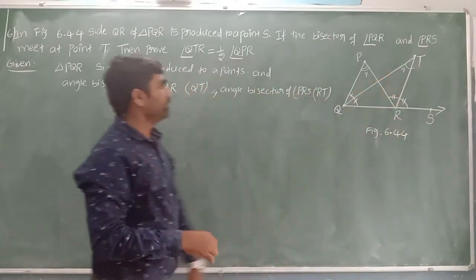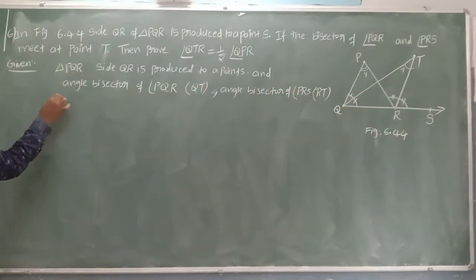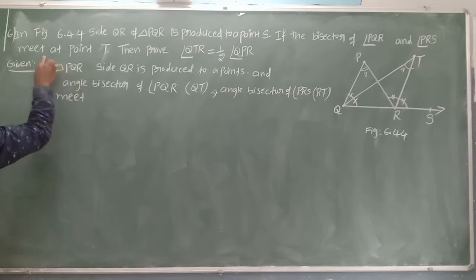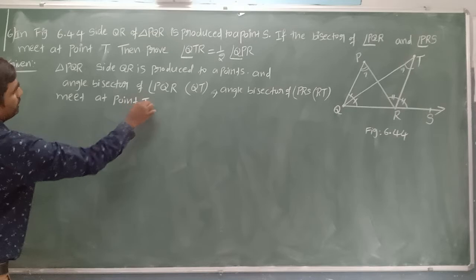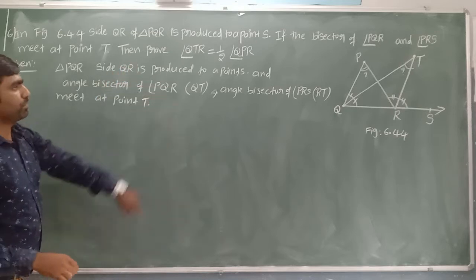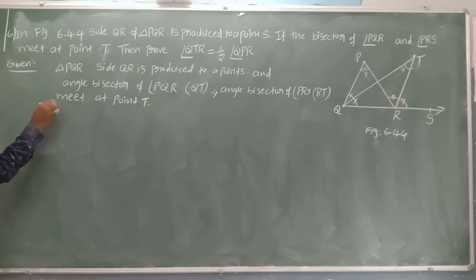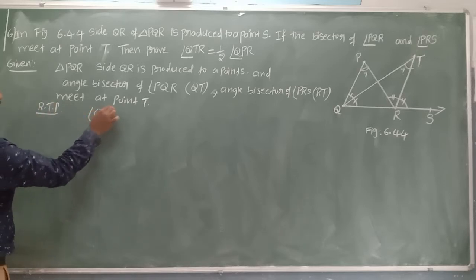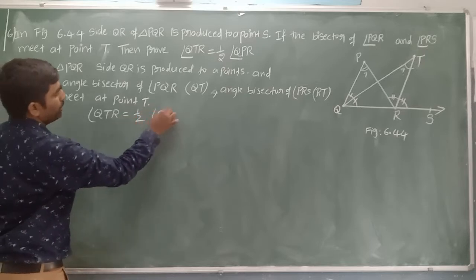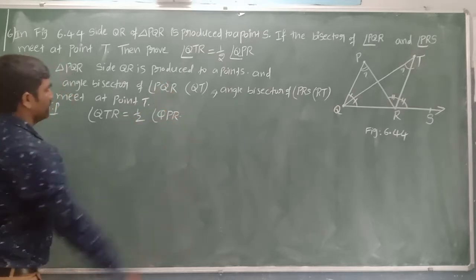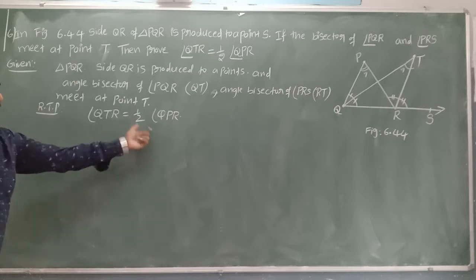QT and RT meet at point T. What is required to prove? We have to prove that angle QTR is equal to half of angle QPR. So this is required to prove now.